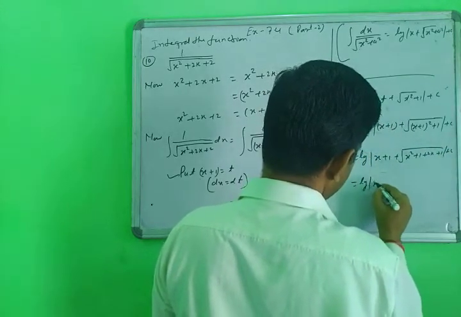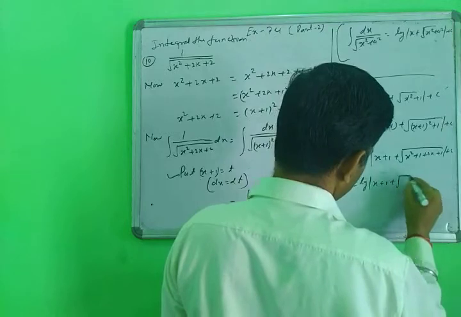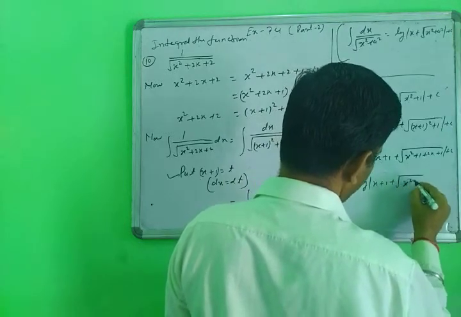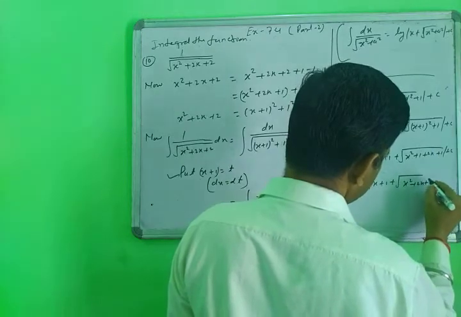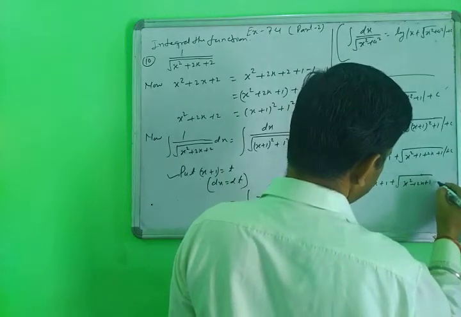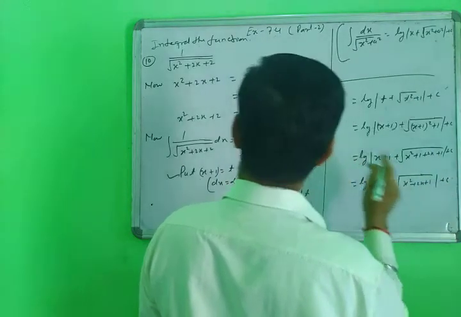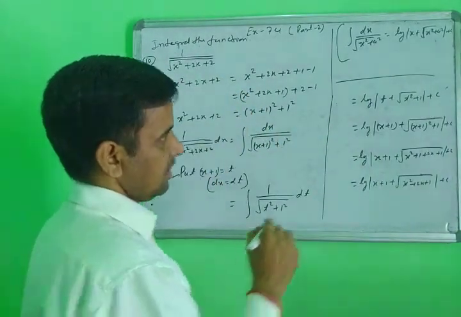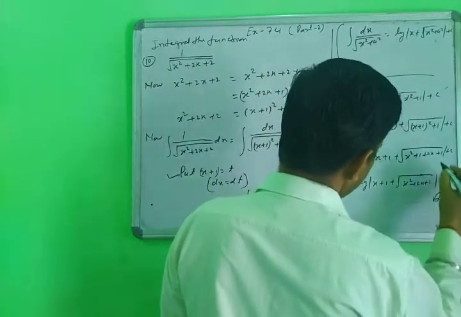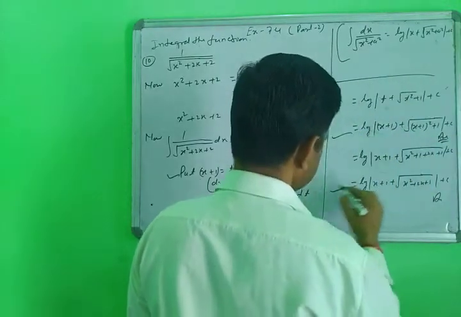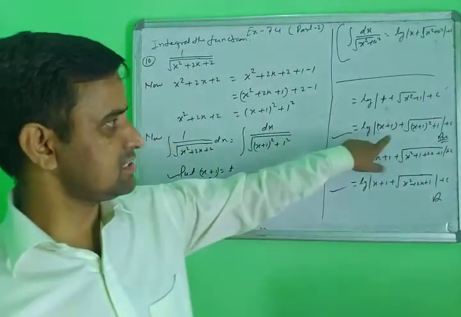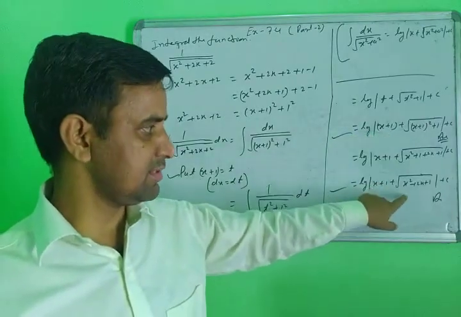You can write the answer in this form, this is the original form, or you can write the answer in this form. It does not matter, both are correct answers. Suppose you leave it at this step, the answer is correct.